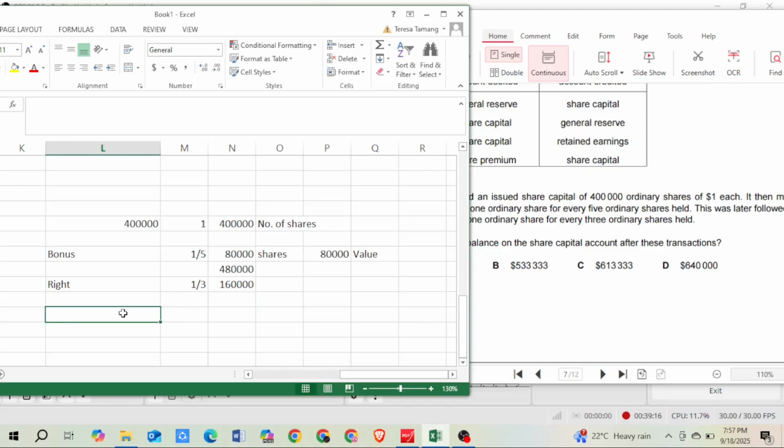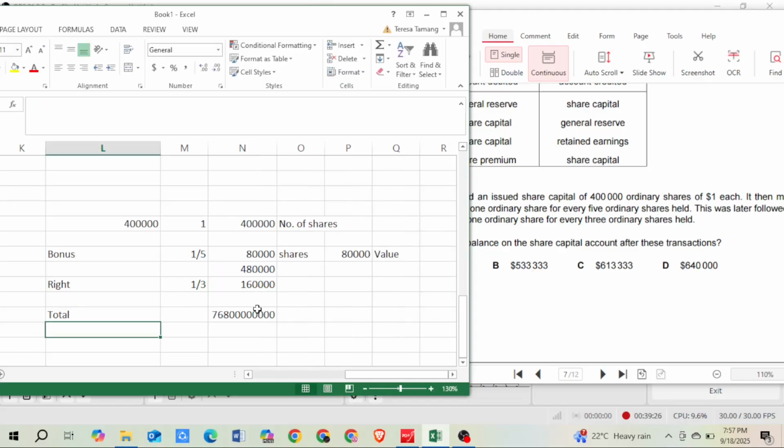So that makes us total shares of 480,000 plus 160,000, so 640,000 shares. The total number of shares is now 640,000.